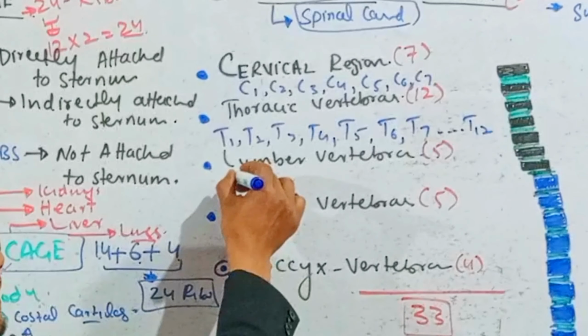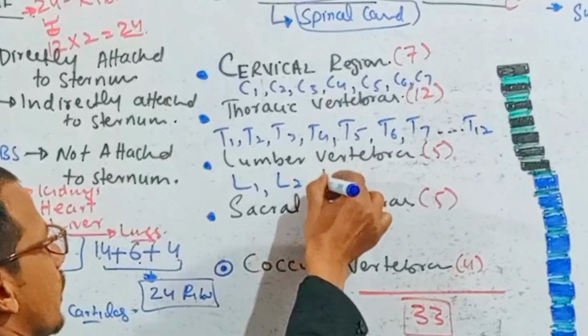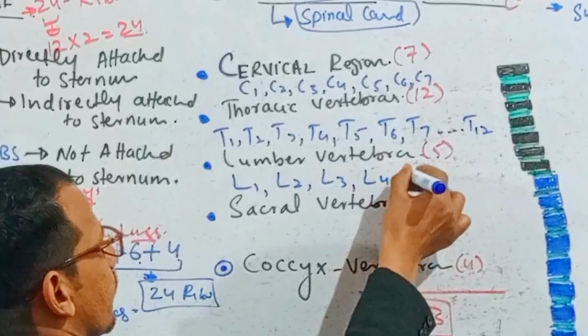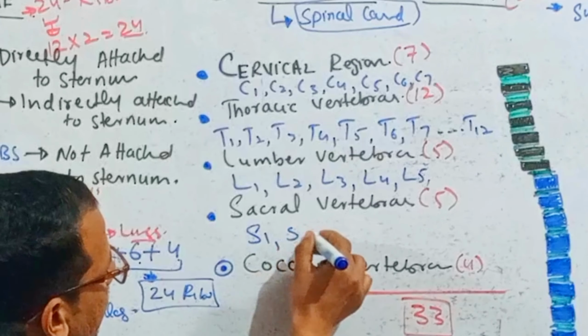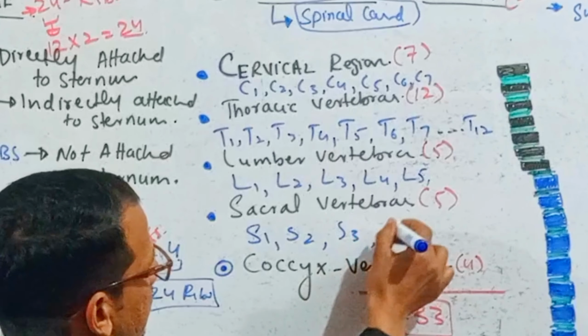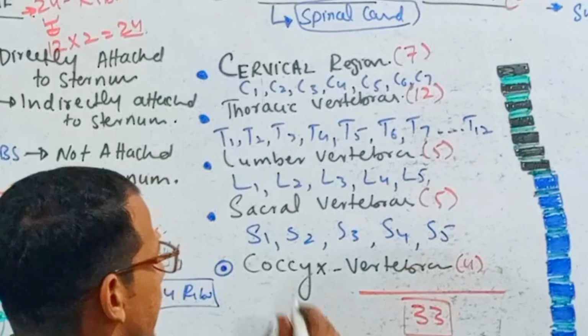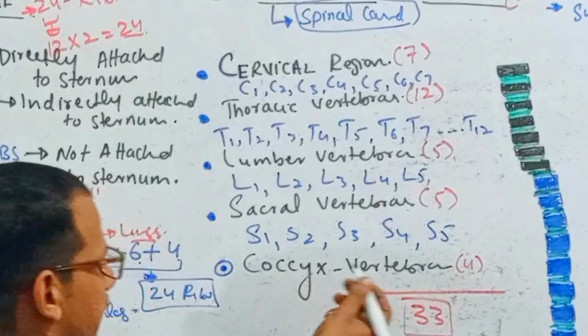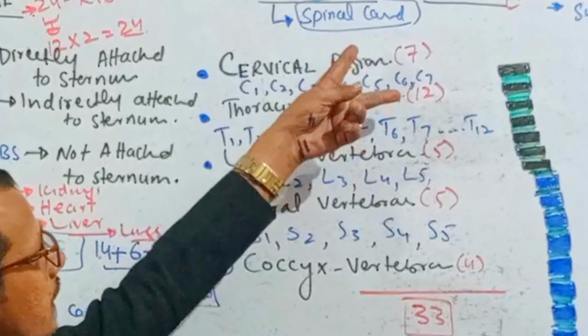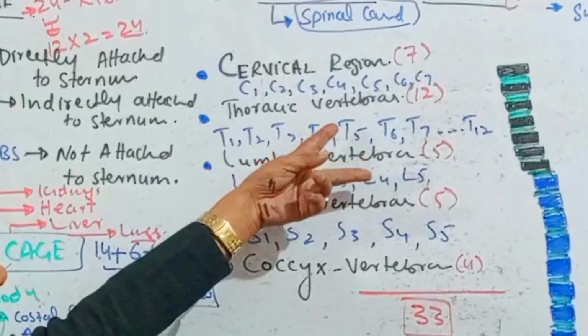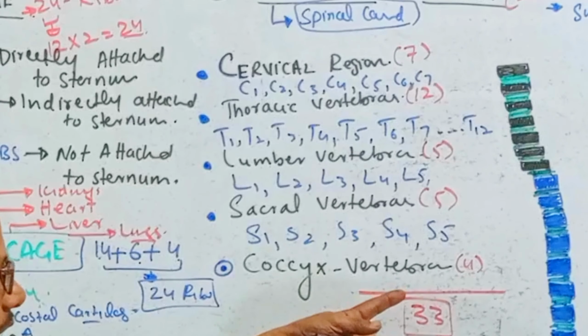The lumbar vertebrae are L1, L2, L3, L4, L5. The sacral are S1, S2, S3, S4, and S5. The coccygeal are in fused form, and they are called coccygeal vertebrae, right? So all these regions are vertebrae, making 33 vertebrae.